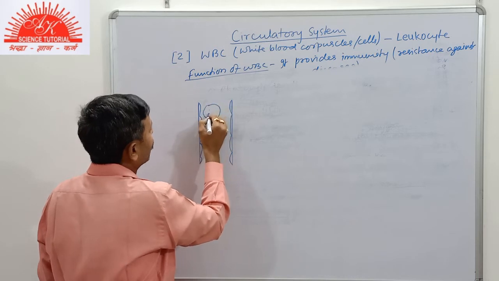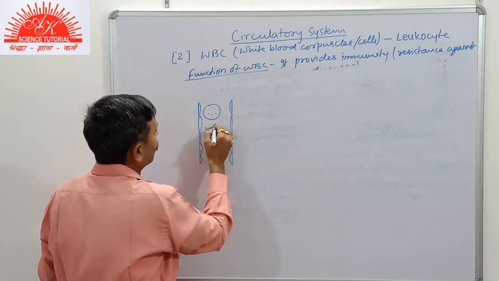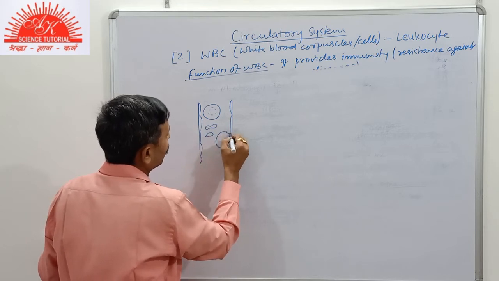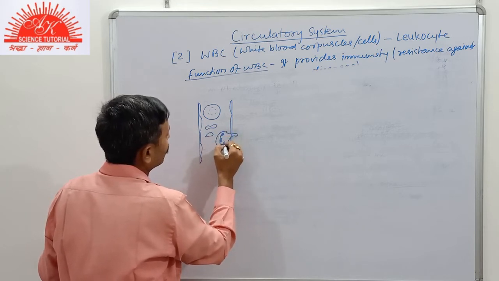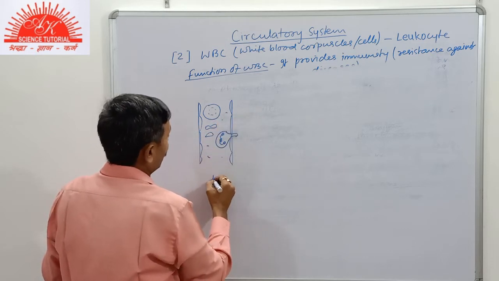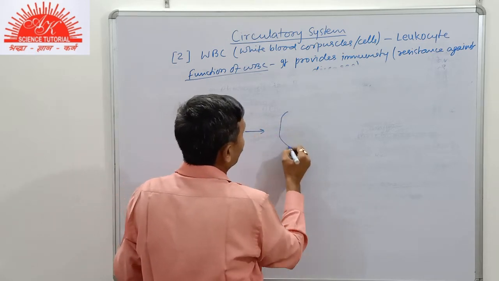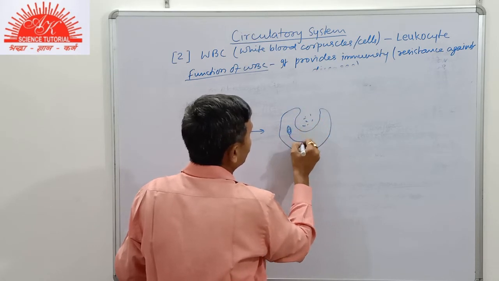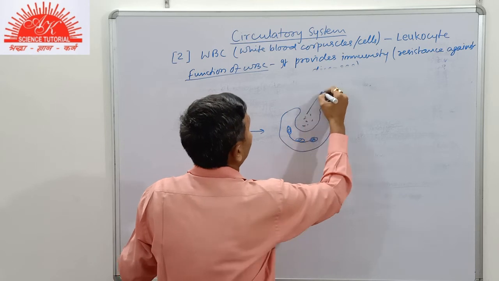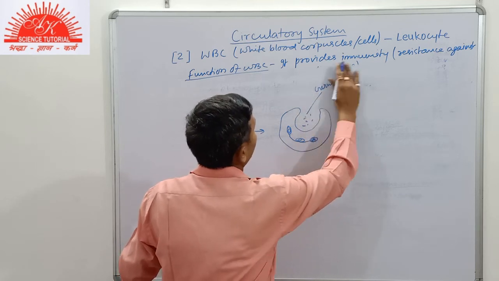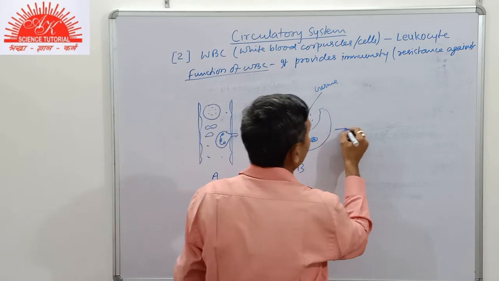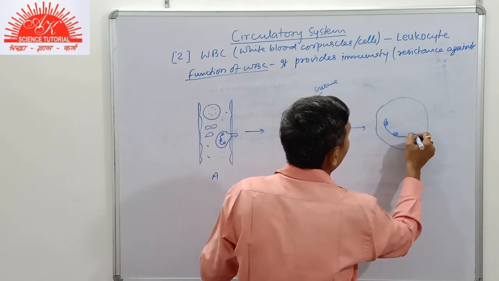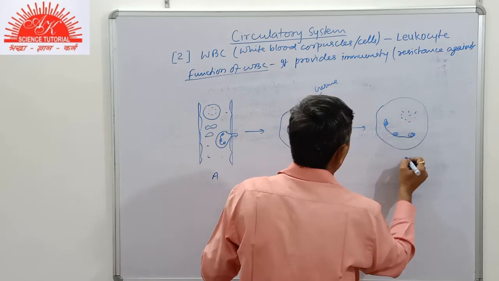Here it is given irregular, and this process is shown as A, WBC again here, and these are the germs, B, and in the next part germs have entered.